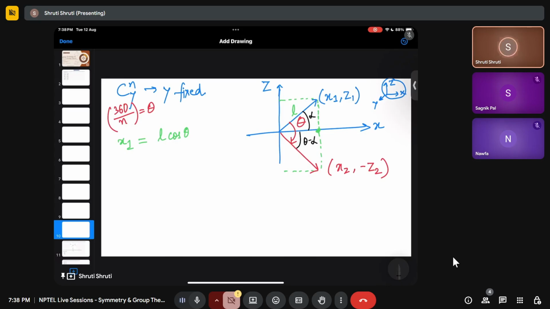Okay, so x1 will be L cos alpha, and z1, which is this, will be L sin alpha.